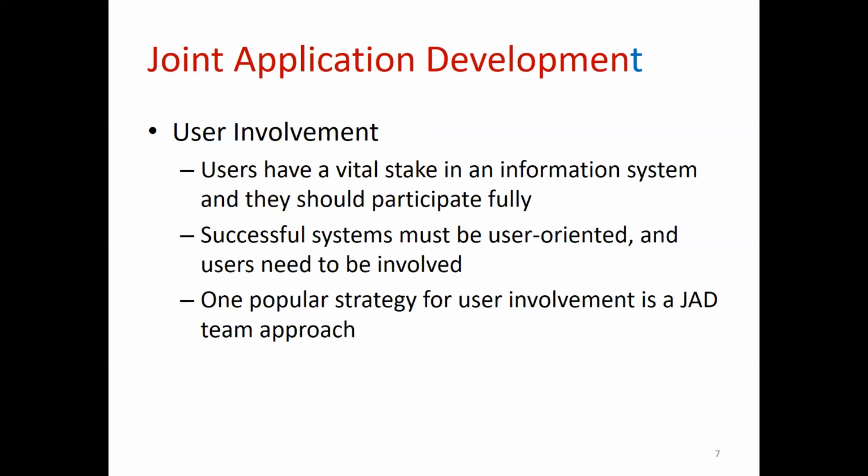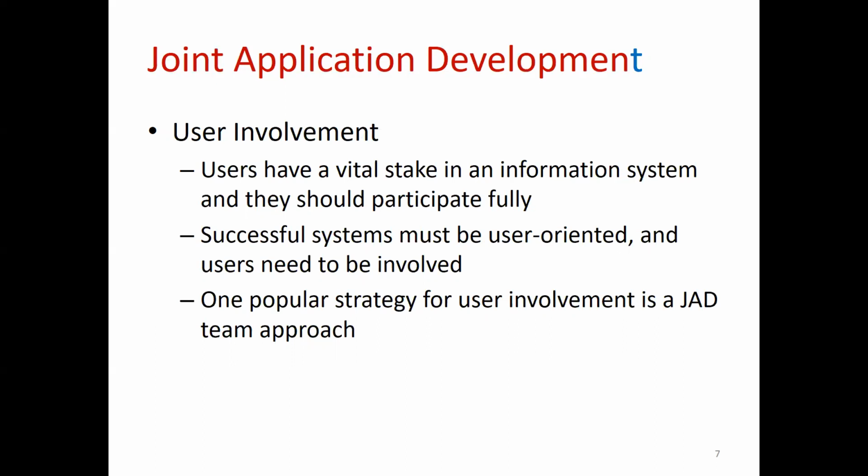JAD is basically user involvement. Users have a vital stake in an information system, and they should participate fully. When we say stake, that means they have interests in an information system. Successful systems must be user-oriented and users need to be involved.